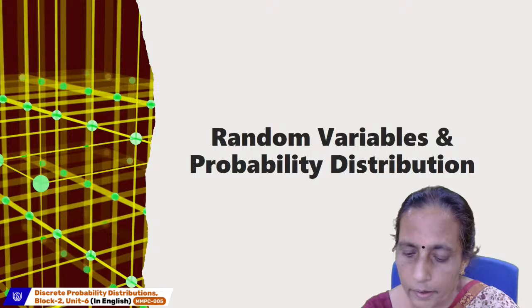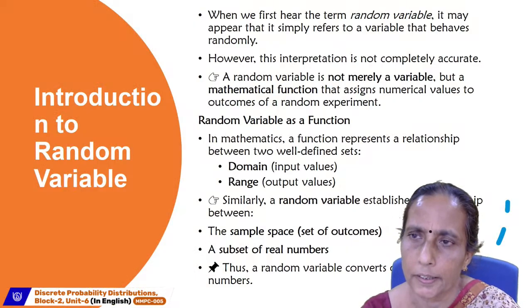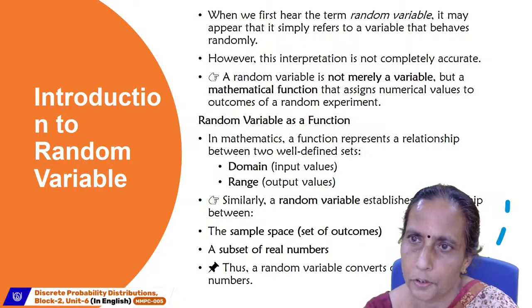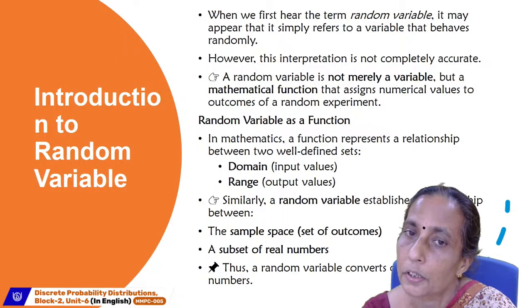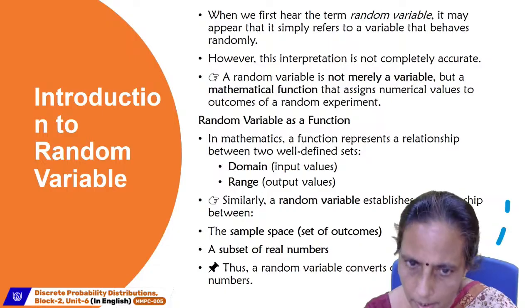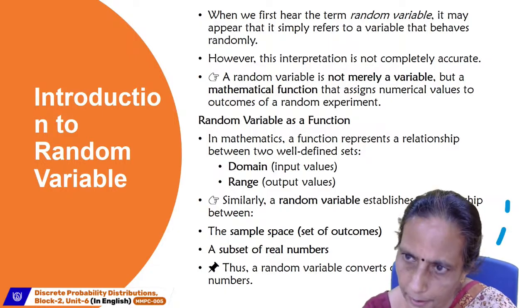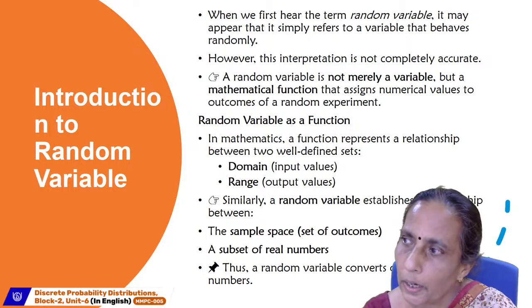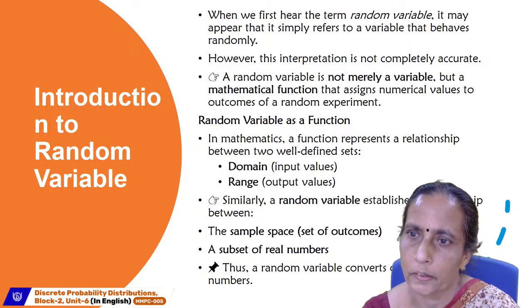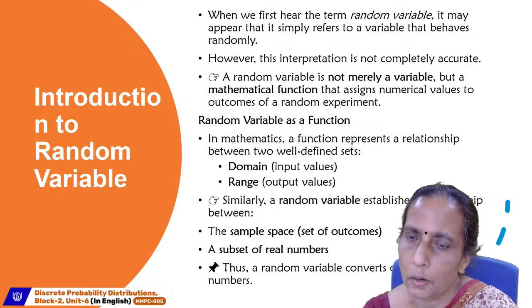So random variables. When we first hear random variable, it may appear that it simply refers to a variable that behaves randomly. But this interpretation is not exactly accurate. It is not merely a variable, but a mathematical function that assigns numeric values to outcomes of a random experiment.